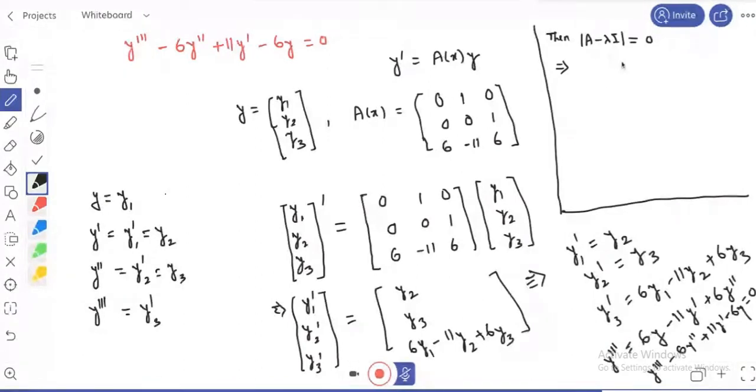If you try to find the eigenvalues of that matrix, I think they are simply 1, 2, and 3. So from this you can find the eigenvalues of this matrix.